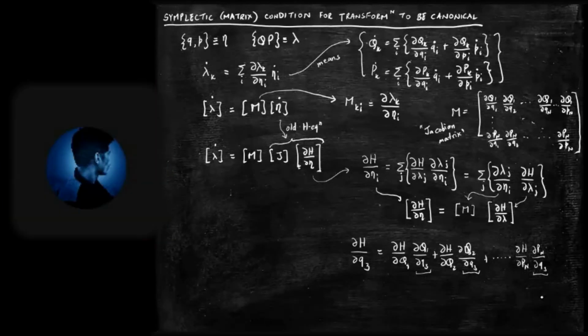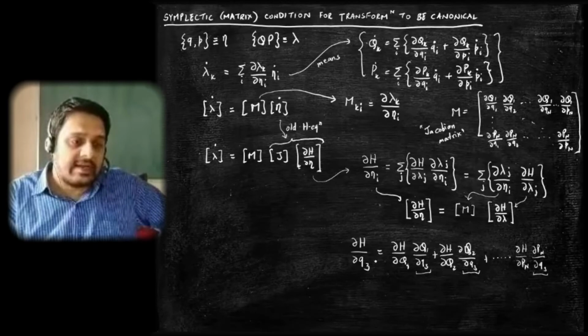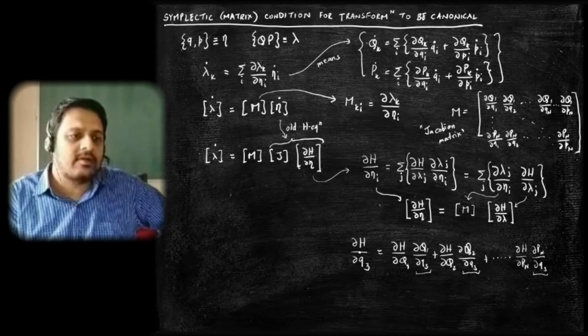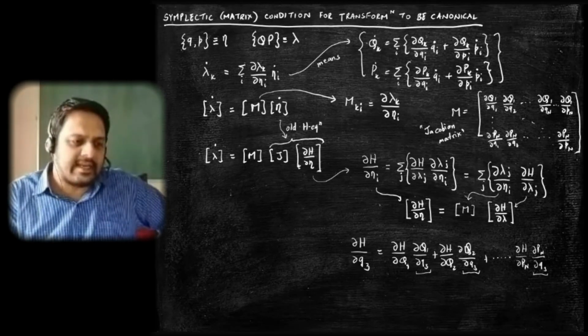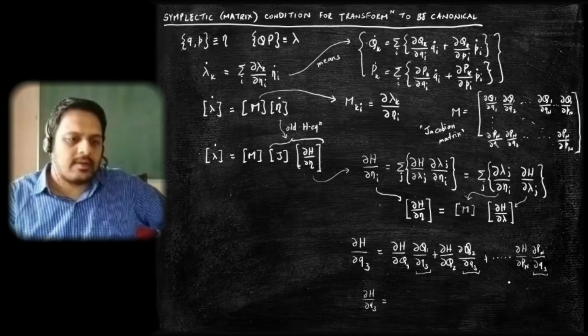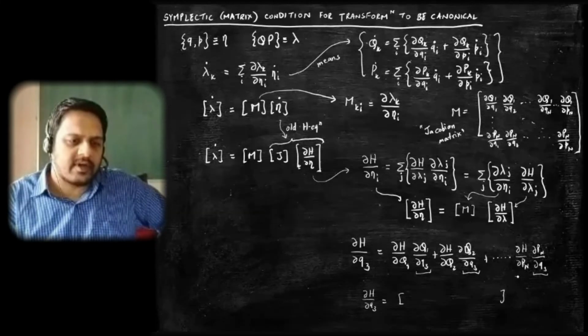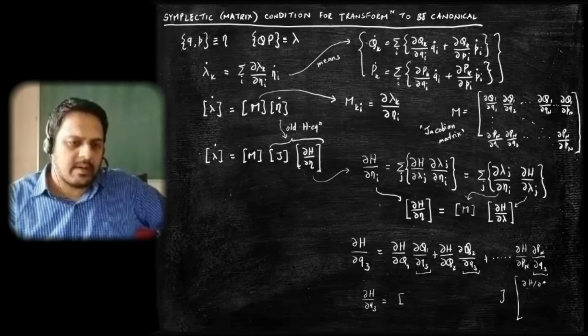Now, very interesting point, which will help us to determine whether this should be correct or not. What are the entries in this? Basically, I can write ∂H/∂q3 is equal to a row vector times a column vector. The column vector is ∂H/∂Q1 up to ∂H/∂Pn.